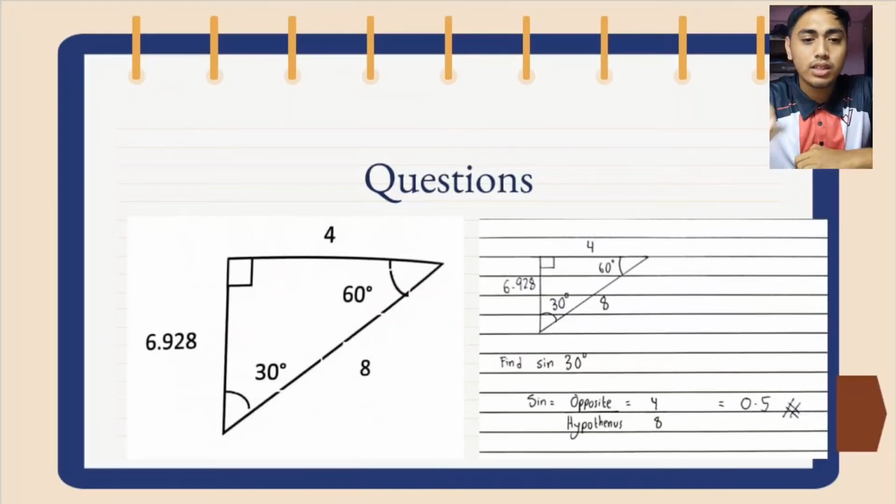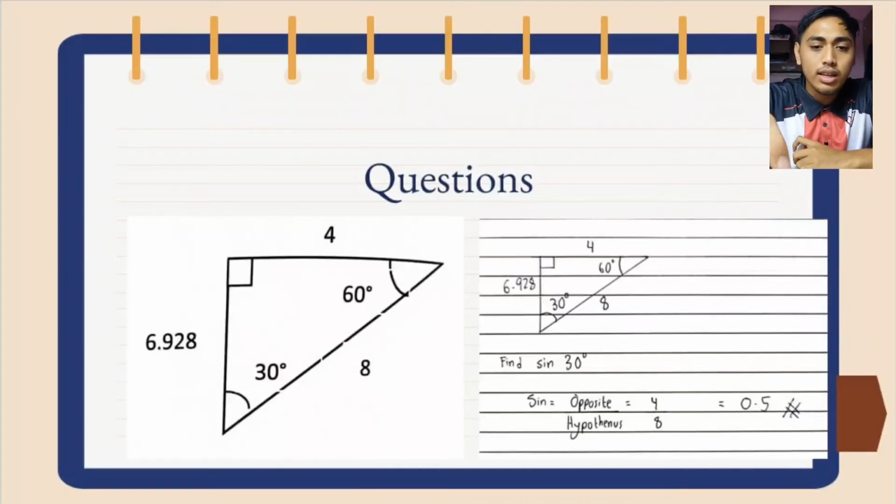The second question, they already gave you the diagram. You need to find sine 30. Sine 30 is located at the bottom of the triangle. To find it, you use the formula sine equals opposite per hypotenuse.